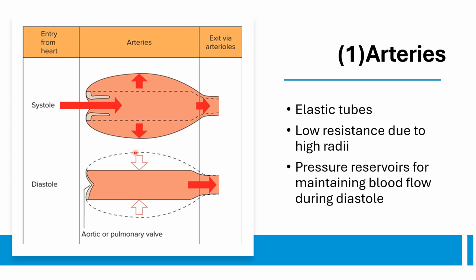You can imagine that the force is now pushing down on the sides of that artery, and any red blood cells, plasma, platelets, whatever else is still in that blood is going to get shoved or pressurized out into the arteriole. That's what keeps everything moving in the right direction in an artery.